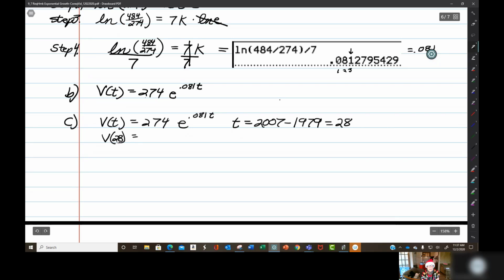That is the value in 28 years is going to be 274 e to the 0.081 times 28.